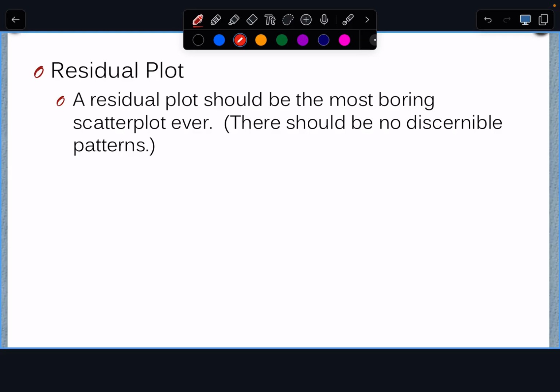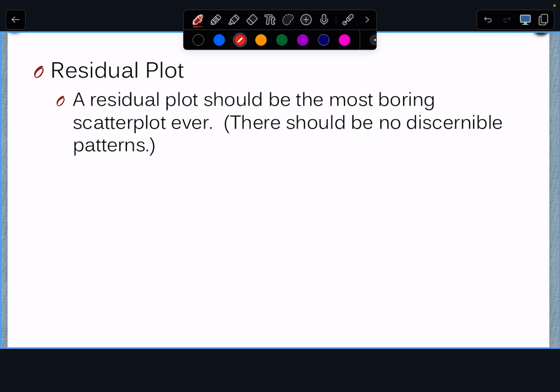Now this time, when we look at X list and Y list, it has list 1, list 2, like we should have already, right? But we don't want list 1 and list 2. That's my regular scatter plot. I want to modify it to become a residual plot. So what I'm going to do next is highlight list 2. So scroll down to the Y list, so list 2 is highlighted.